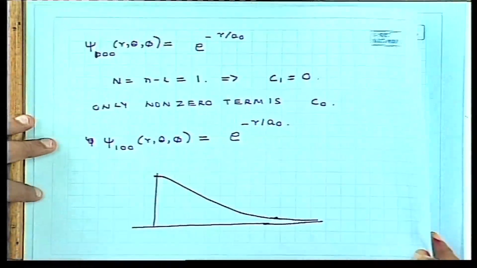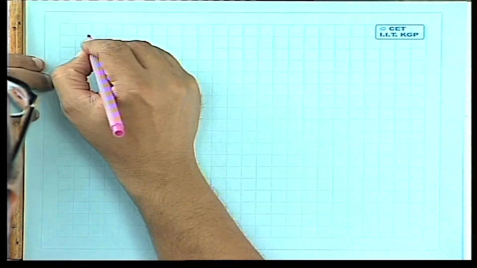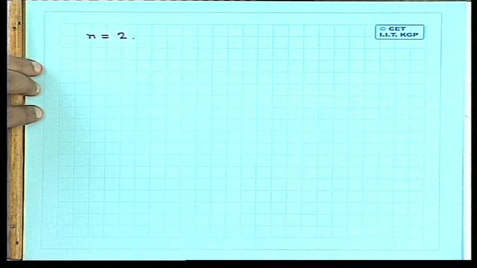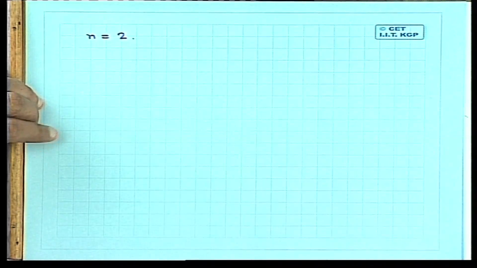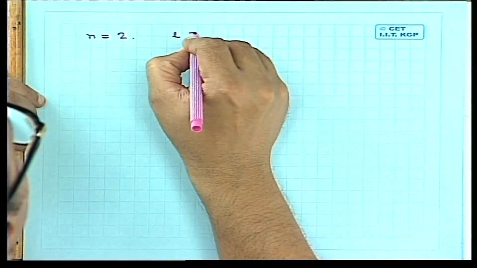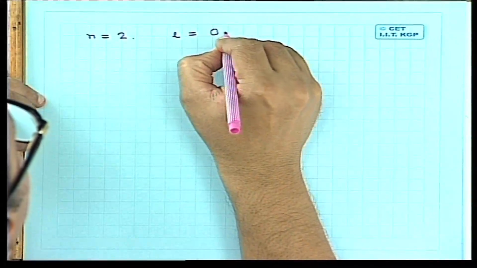Now let us look at the first excited state. So the first excited state is n equal to 2. For n equal to 2, there are a few possibilities. So the first possibility is L equal to 0.